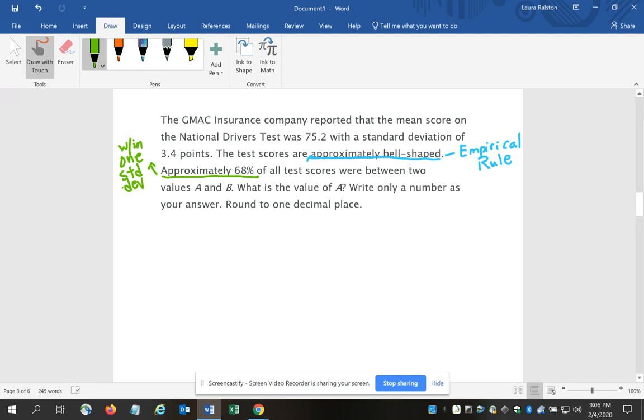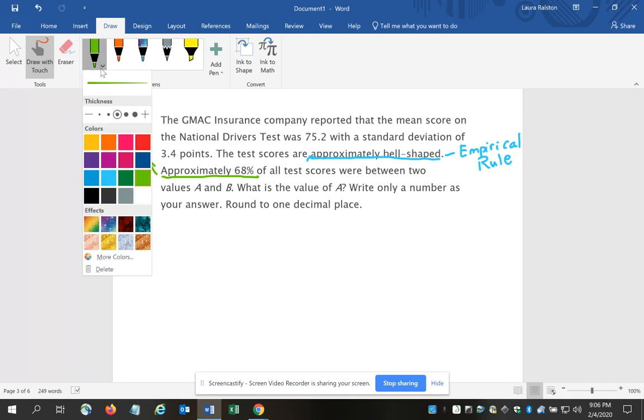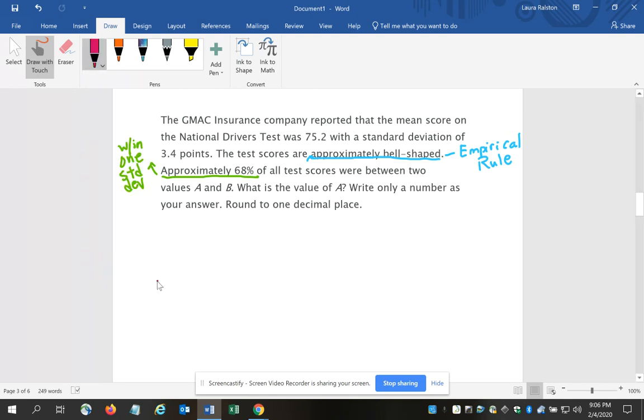Now, this problem is different because they don't tell you what those cutoffs are, but they do tell you what the mean and the standard deviation are. It may help you to look at a picture. So I would have a bell-shaped distribution. My mean, which is the measure of center, is 75.2, given in the problem.